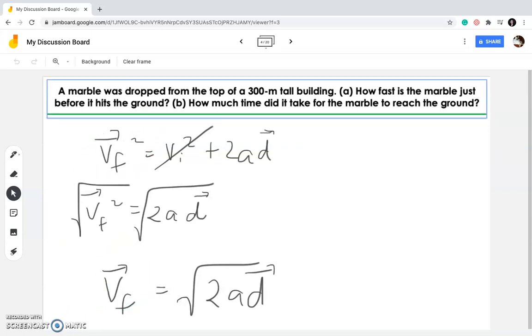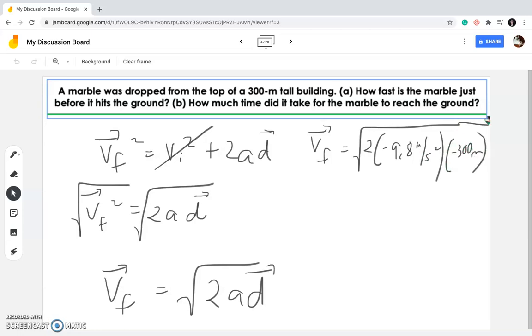Now, the next thing that we have to do is to plug in the given variables in our equation. So that would be Vf equals square root of 2 times negative 9.8 meters per second squared times negative 300 meters. And then let's use a calculator to solve for the final answer.